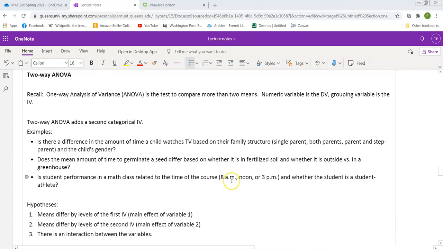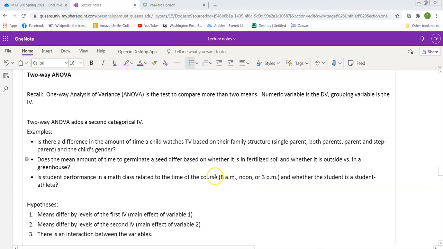But yeah. So my guess would be that student athletes would have a different pattern of what times of day are their peaks. And you guys probably know better than I do what that might be. But if you suppose that most students would do best at noon, followed by 3 p.m., followed by 8 a.m., but then imagine that maybe student athletes are kind of the other way around.